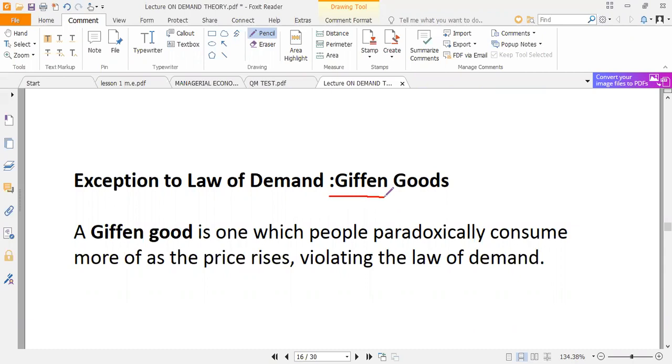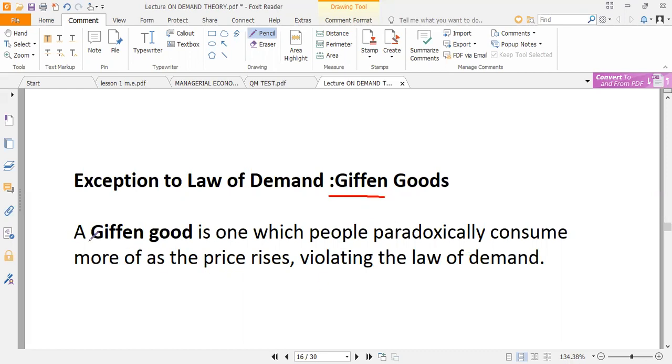Now, I mentioned that there are different types of goods. There's what is called a Giffen good. This is one which people paradoxically consume more as the price goes up. I said demand for any normal good should be that if the price of that good goes up, automatically you should demand less of it. But there's one good that violates this law.